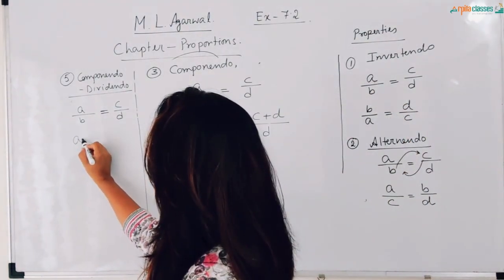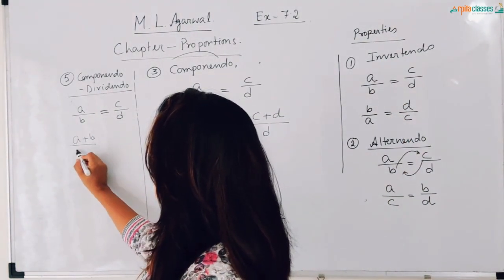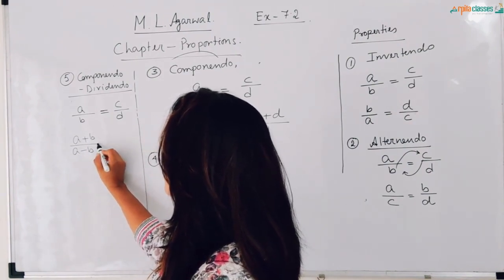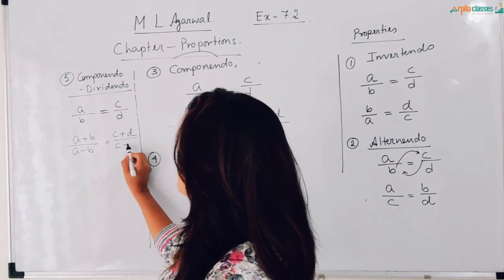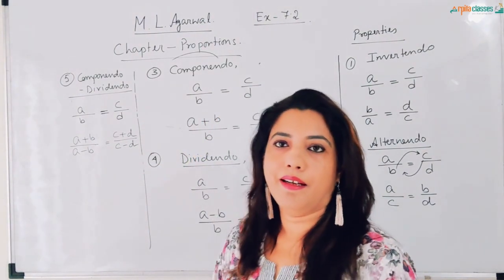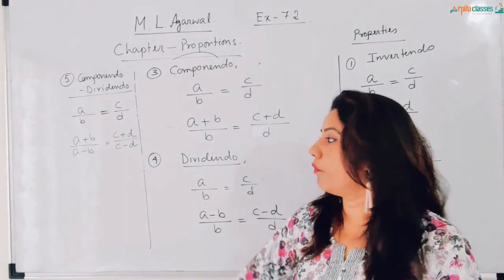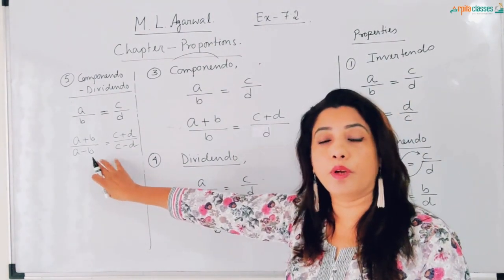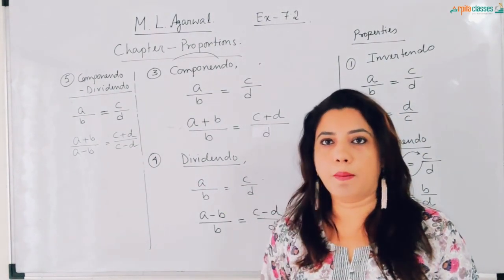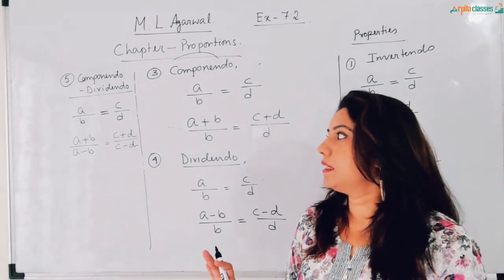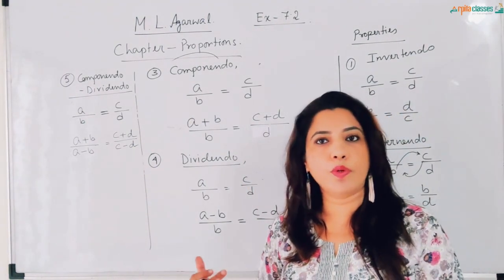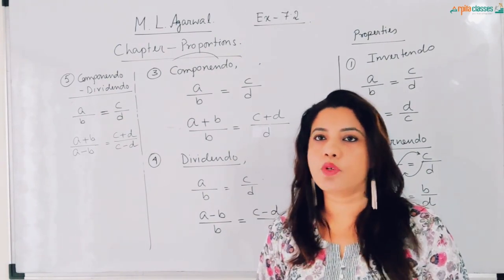So we can write A plus B upon A minus B is equal to C plus D upon C minus D. This is called componendo dividendo, which is going to be used in most of the sums. Okay. So we need to remember these 5 properties, and now while doing the sums we have to use these properties and we have to solve the sums.